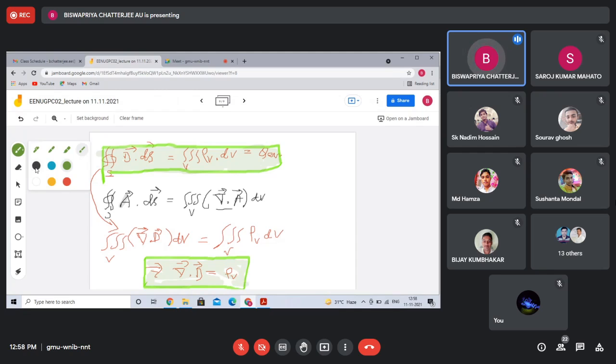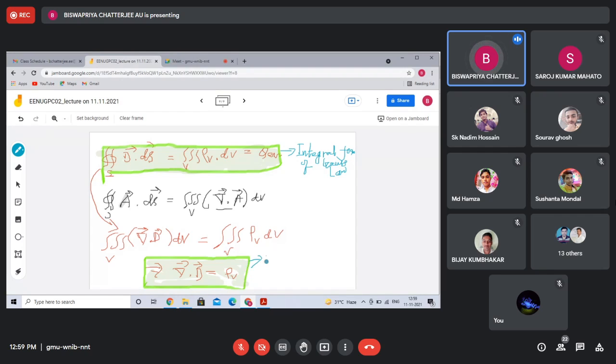This is called the integral form of Gauss's law, because it involves integration. And you can guess what the other is called.